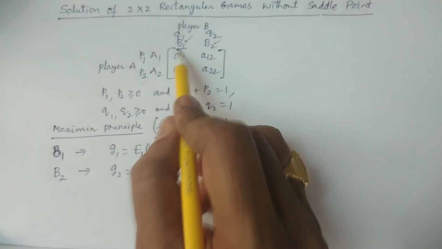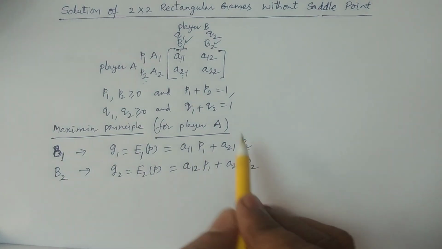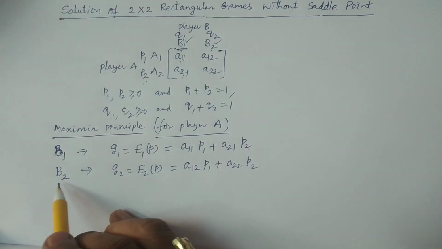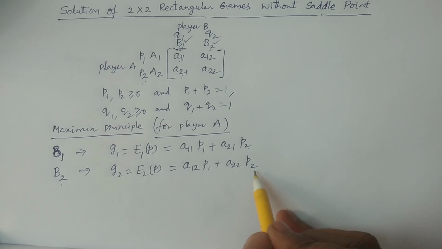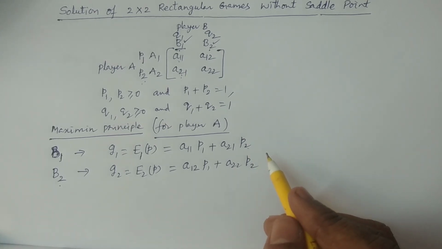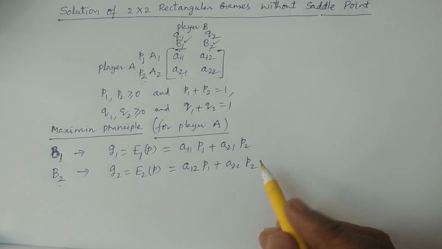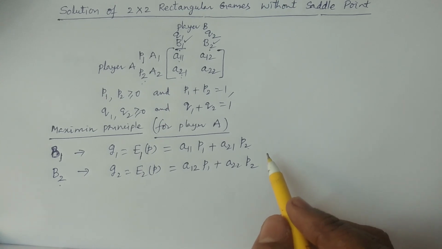If player B selects strategy B1, then this is the expected gain for player A. If player B selects B2, the second strategy, then this is the expected gain for player A. Among these minimum expected gains, player A would always like to select the one which gives the maximum to him, right?